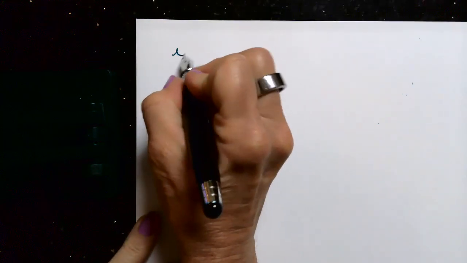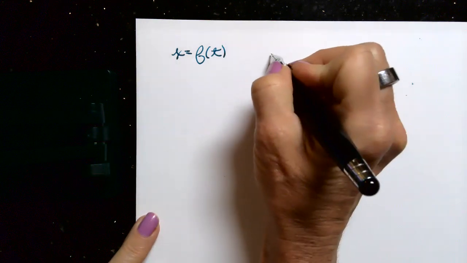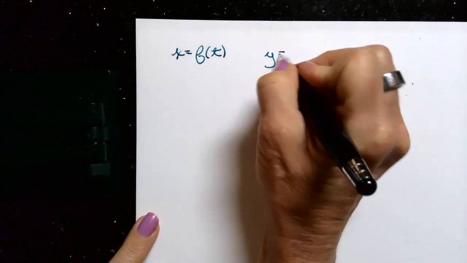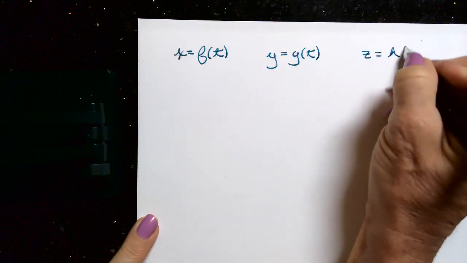In the last video, we saw how to describe the arc length for a curve that was parameterized by one parameter, but in 2 dimensions. So now suppose we have a curve in 3D, which is parameterized by, let's say, x is f of t, y is g of t, and z is h of t.